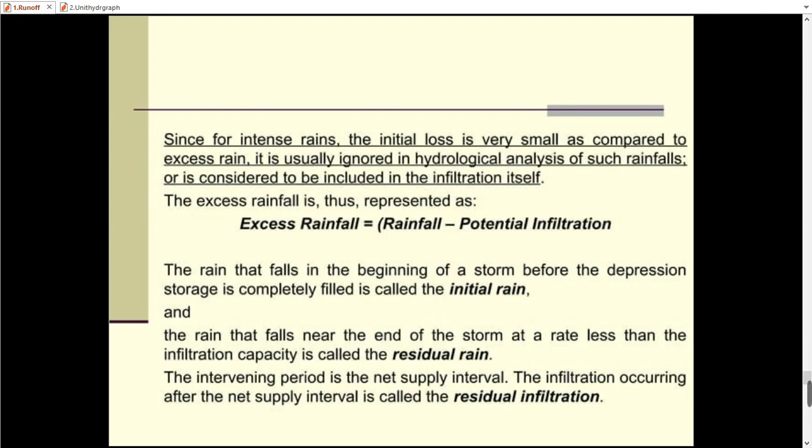It is considered to be included in the infiltration itself. The excess rainfall is thus represented as excess rainfall is equal to rainfall minus potential infiltration.